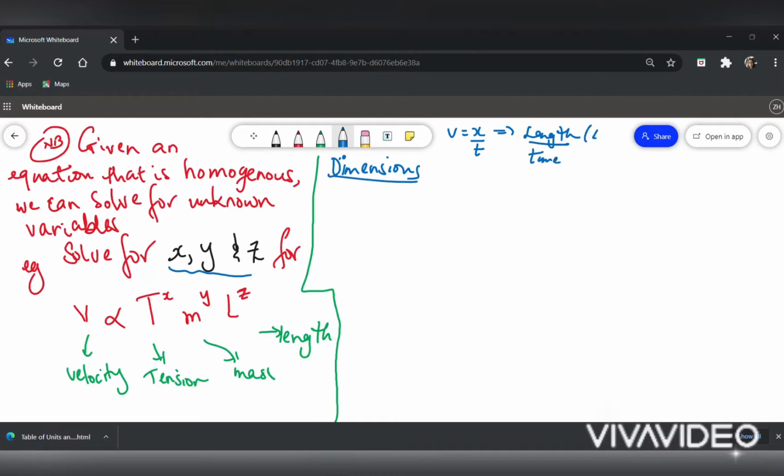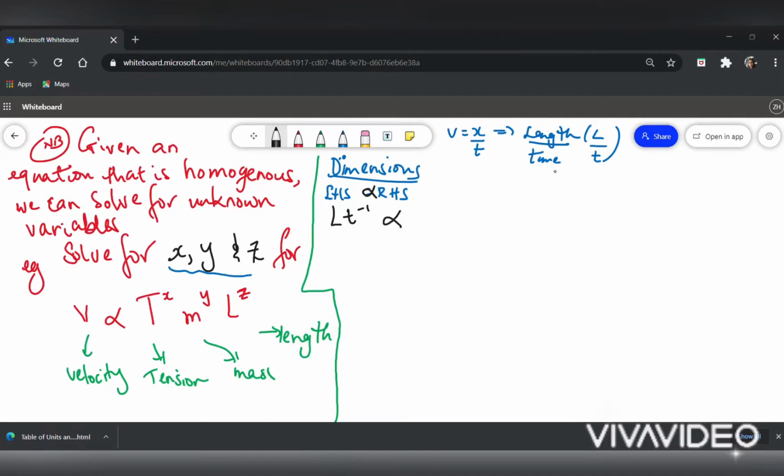Symbols for both, we're going to use L over T, and of course that is going to give me our left-hand side. Our left-hand side should be equal to our right-hand side. Well, let's see. So the velocity on the left-hand side, in terms of dimensions, will end up being length per unit time. On the right-hand side, I'm going to write a proportional sign as given to us, right?